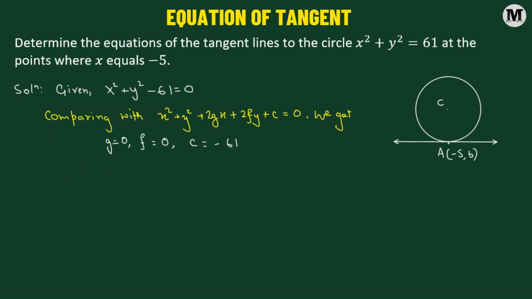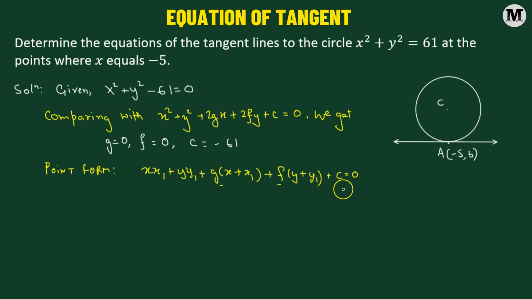So let's also recap the point form of a tangent line. The point form of a tangent line is given by x times x1 plus y times y1 plus g multiplied to x plus x1 plus f multiplied to y plus y1 plus the constant c equals to 0.